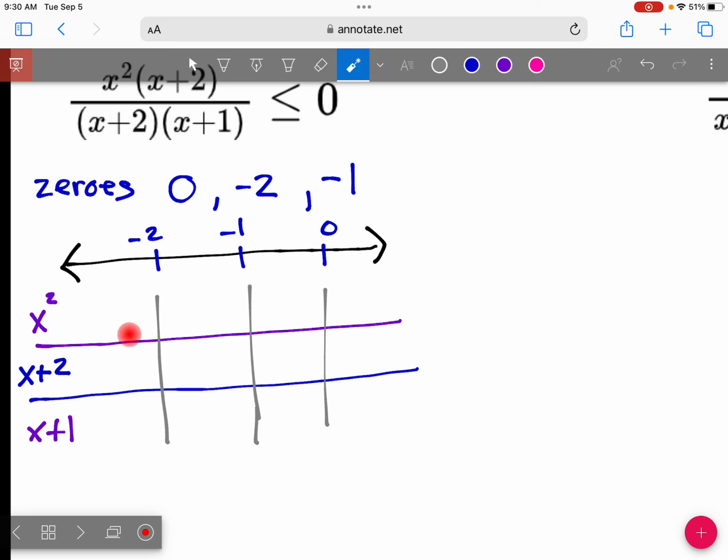If we have a number over here, is x squared going to be positive or negative? Positive. Is this one positive or negative? Positive.